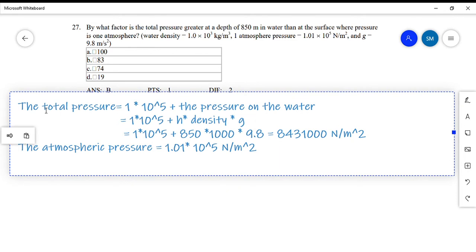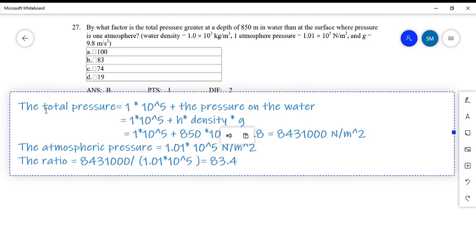Let's divide the total pressure by the atmospheric pressure. So the ratio is equal to the total pressure over 1.01 times 10 power 5, which is simply equal to 83.4, approximately 83. So the answer is B.